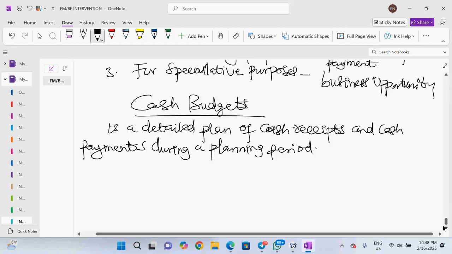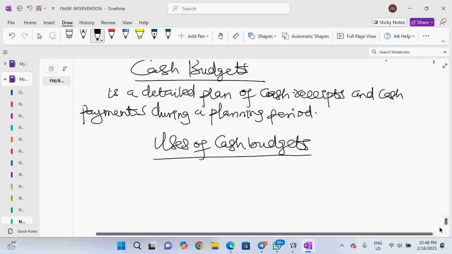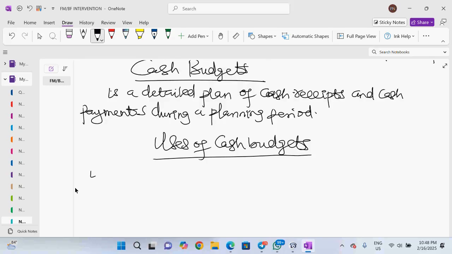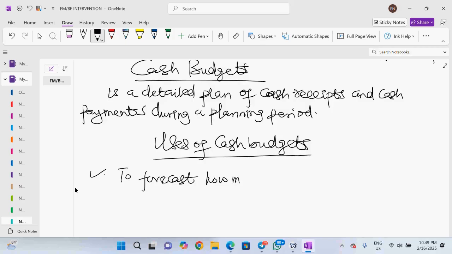What are some of the uses of the cash budget? Basically, to forecast how much cash receipts and payments are expected to be over the planning period.